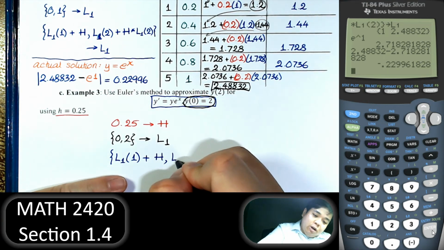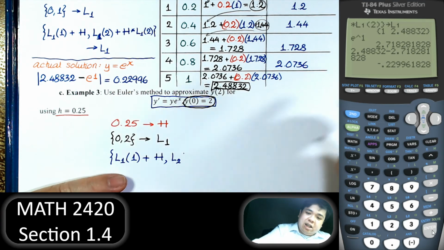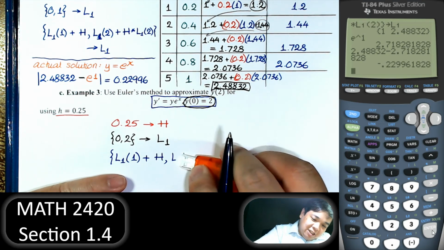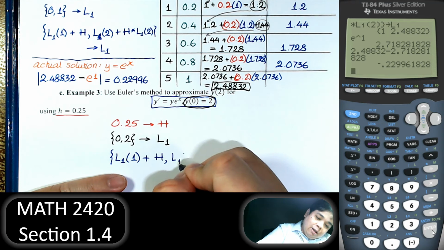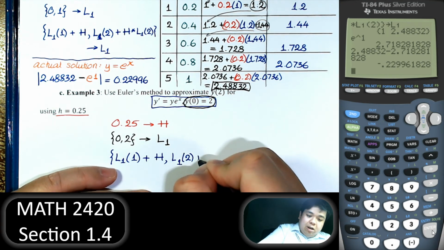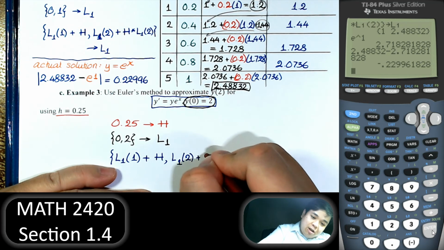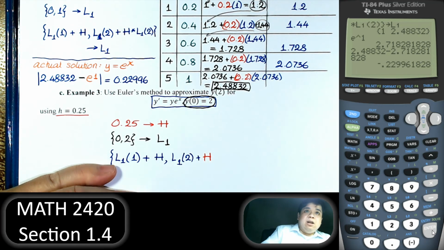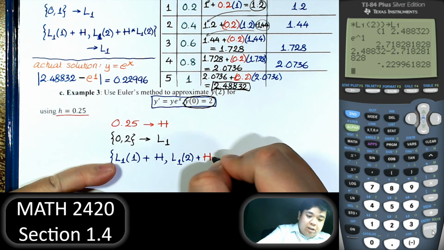The second component will be updated by that plus the step size times the slope.